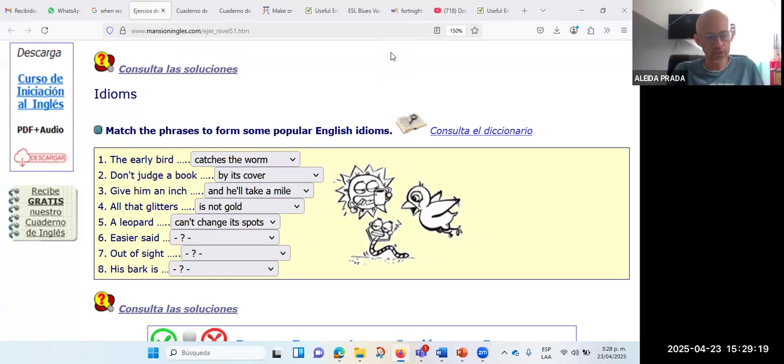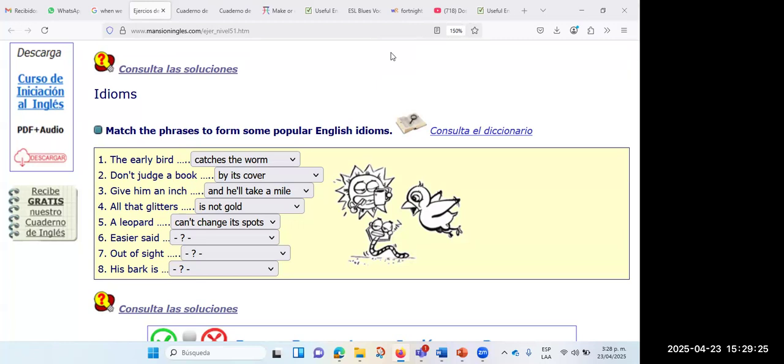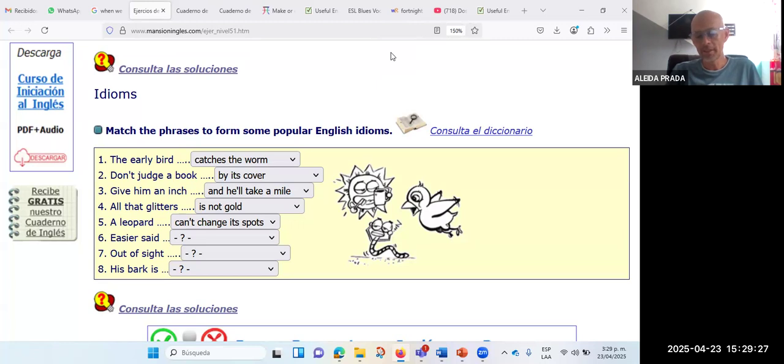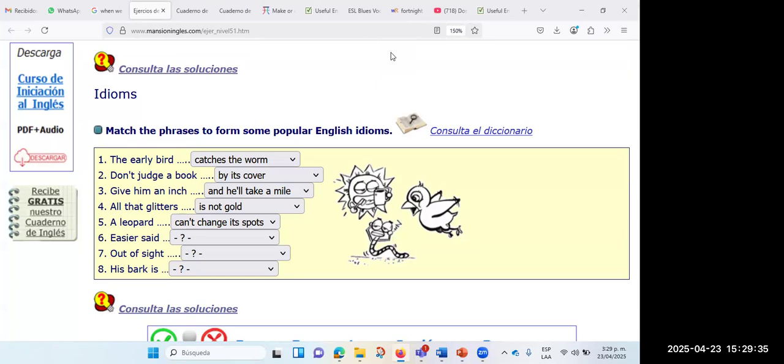Yes, it's related to the nature of people or things. Everyone has a nature, a way of being that you hardly ever are going to change, no?